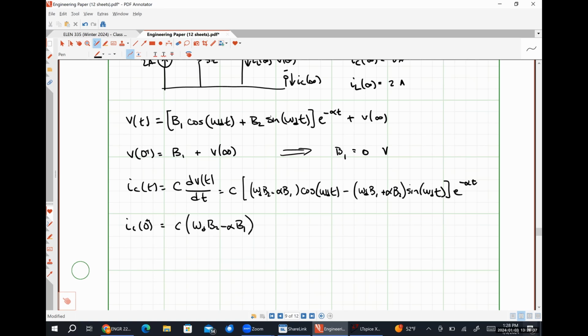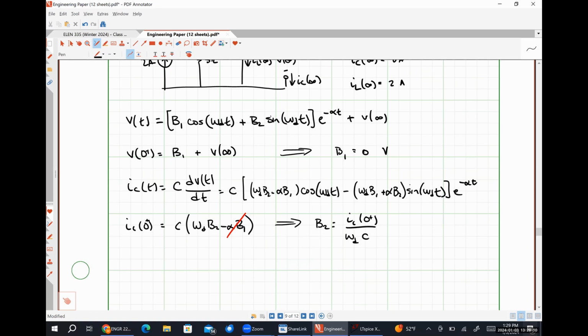So the only part that survives is this guy right here. Right? So since we know that B1 is 0, I can just cross all that business out. And I can say that B2 is IC at 0 plus divided by omega D times C. I believe the algebra there is correct.